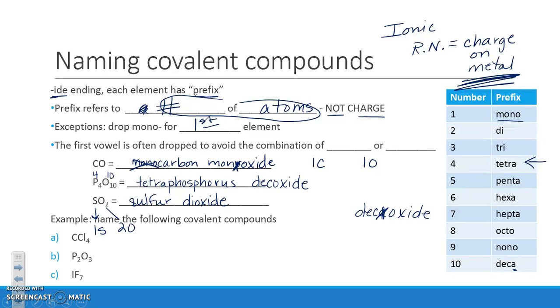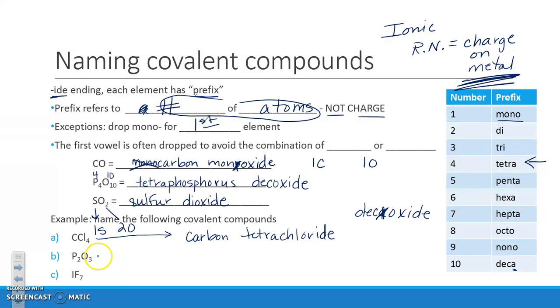All right, here are some more examples for you to try on the bottom. You have those on your vodcast notes. So go ahead and pause it real quick, come back and check how you did on your answers. Okay, CCl4, you should have carbon tetrachloride.